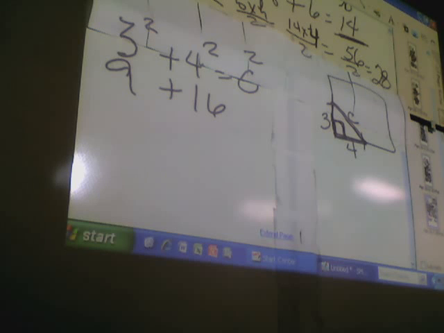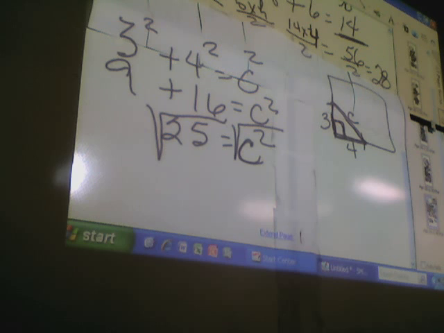Okay, so we have 3 squared plus 4 squared is 9 plus 16 equals c squared. 9 plus 16 is 25 equals c squared. How do we find c? If it's squared, we have to undo a square by doing a square root on both sides.